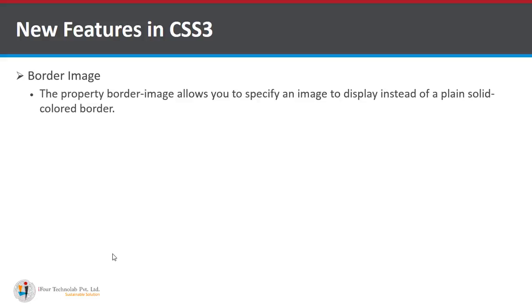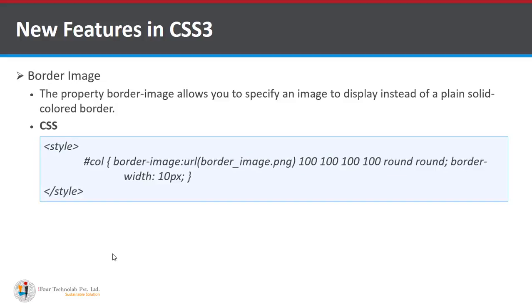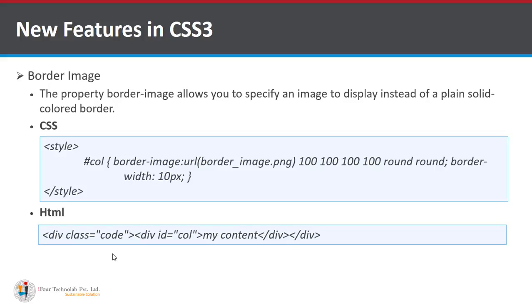Another new feature in CSS 3 is border image. The property border image allows you to specify an image to display instead of a plain solid colored border. Your CSS will look like this and your HTML will be like this.